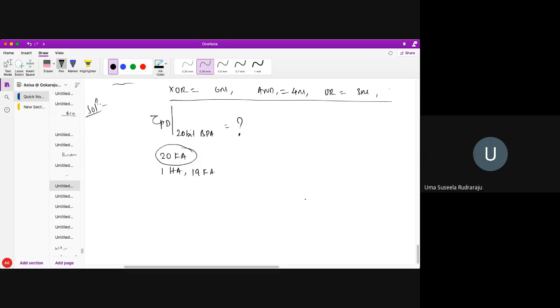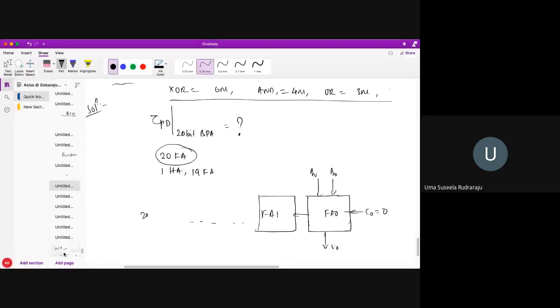Now for the 20-bit BPA, let's say this is FA0, with carry bit 0, A0, B0, and this is my sum 0. Like this, I would have 20 full adders. Am I correct, students? This carry is propagating like this. This is FA1 with A1, B1.